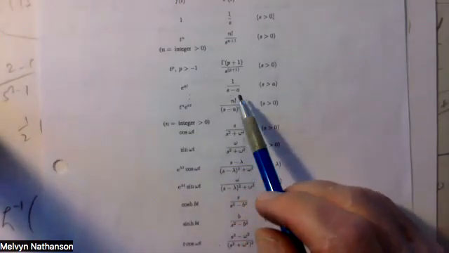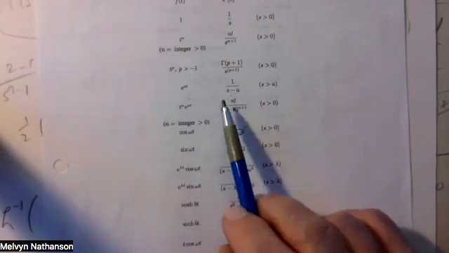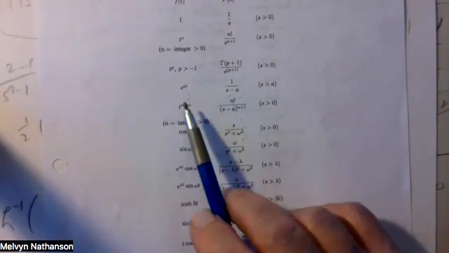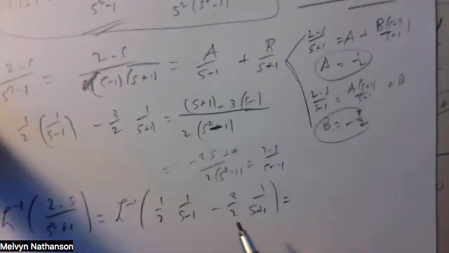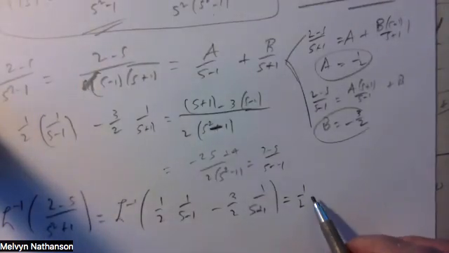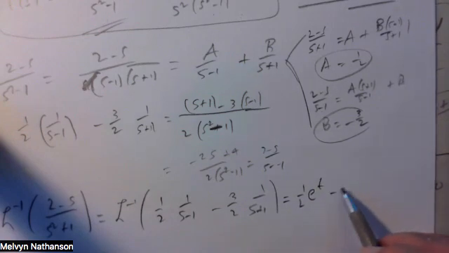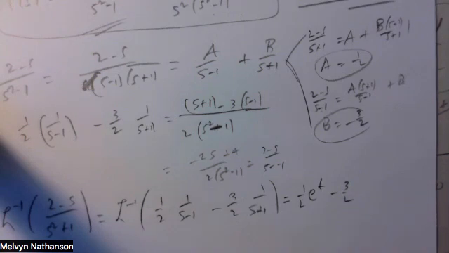Look at our table. The inverse Laplace transform of 1 over s minus a is e to the at, for s bigger than a. So this should be 1/2 e to the t minus 3/2 e to the minus t.